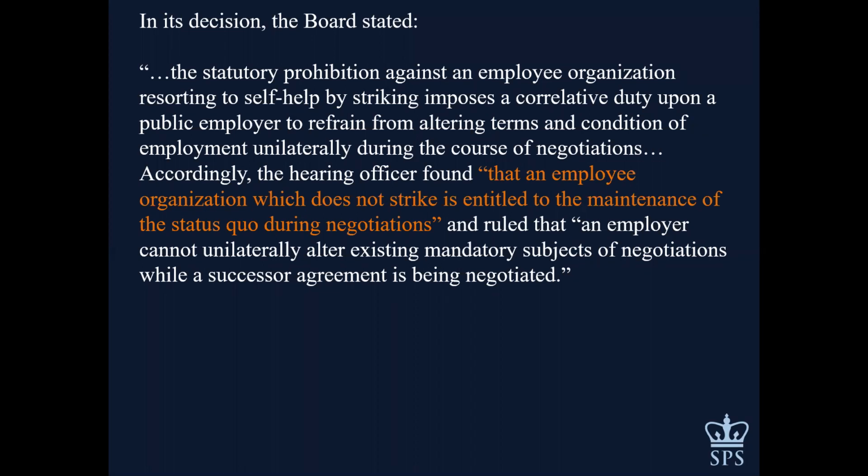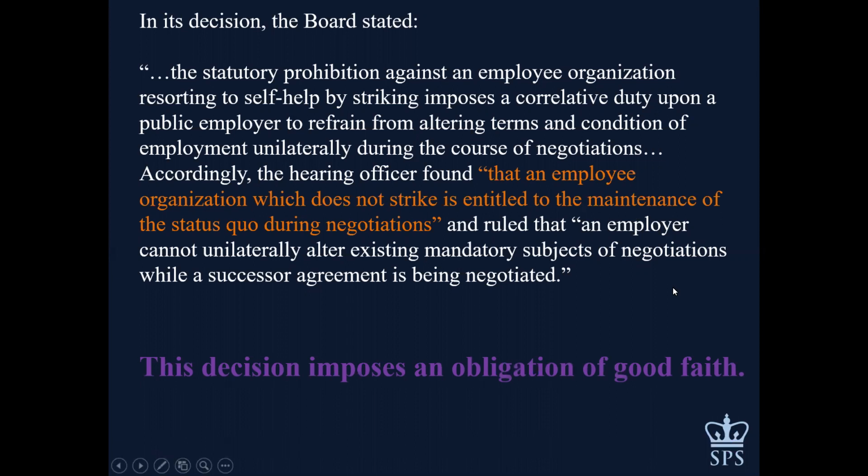An employee organization which does not strike is entitled to the maintenance of the status quo during negotiations. The decision basically imposes an obligation of good faith. The parties are frozen into what they had agreed to in the last contract until a new contract is agreed to by both sides.